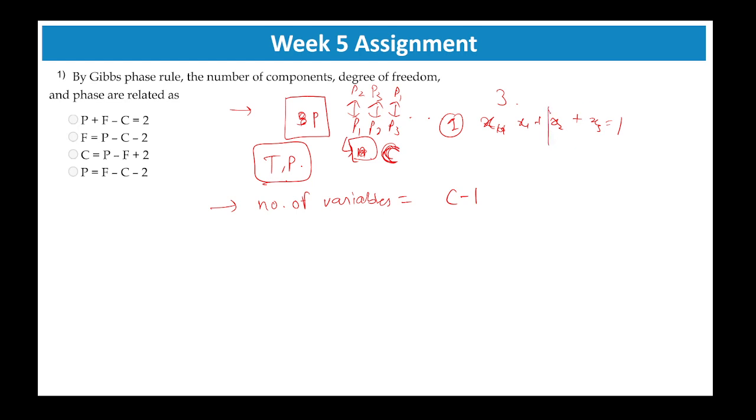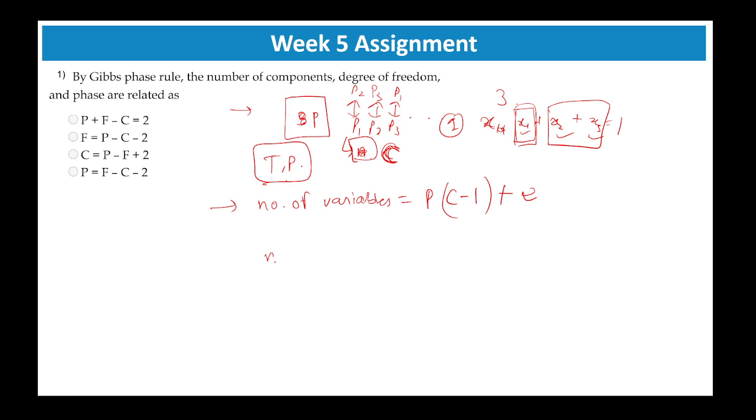Then there will be some relation for x1 and x2, and from that the third one can be calculated easily. So for each phase you can write such variables, so it will be the number of phases multiplied by C minus 1, plus there will be two more variables, temperature and pressure, which are added over here.